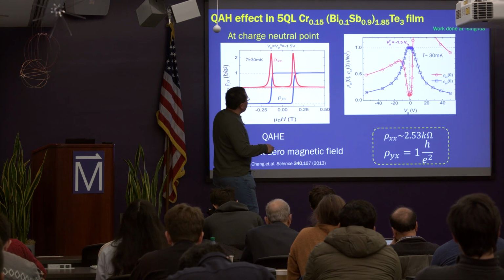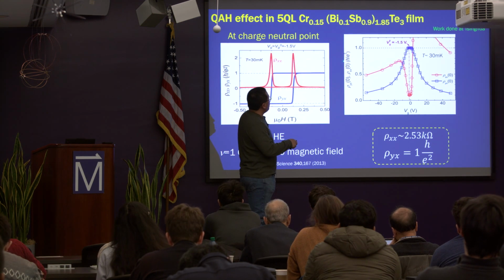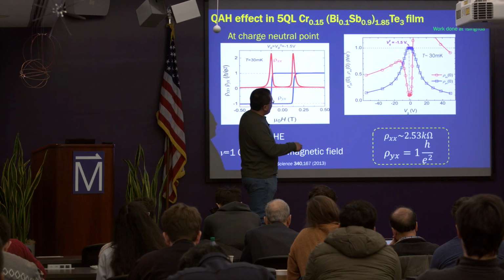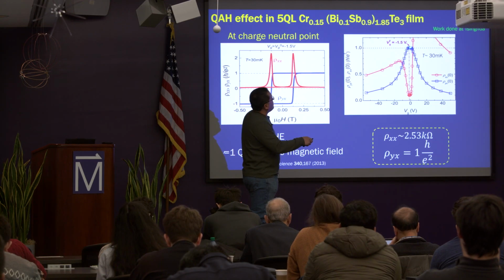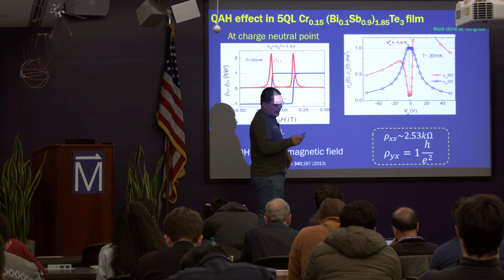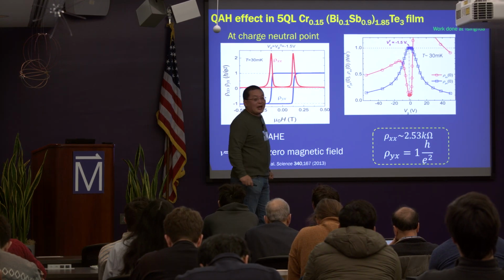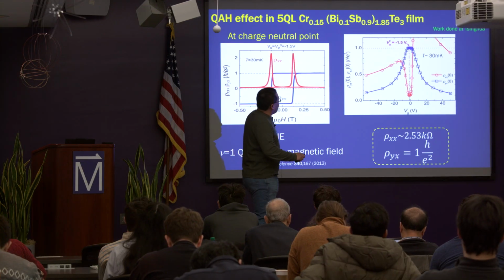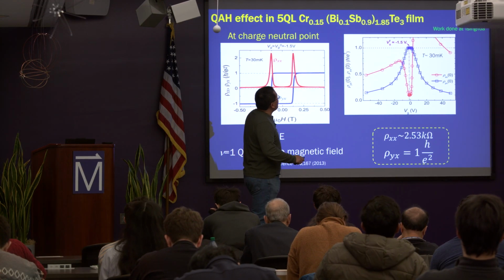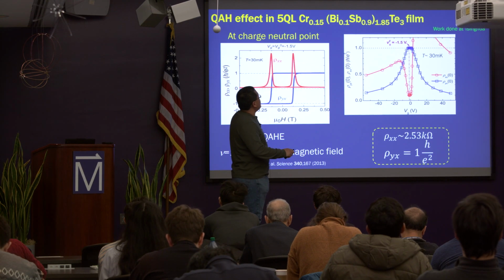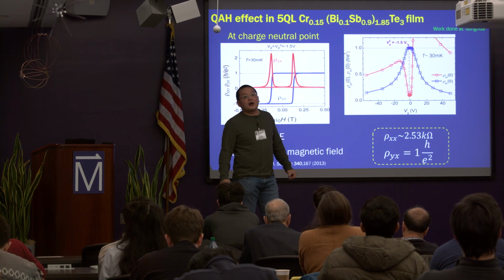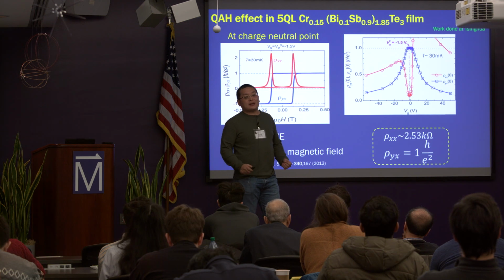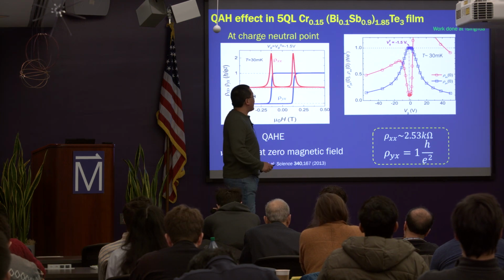If we plot the zero-field Hall resistance and the longitudinal resistance as a function of gate voltage, we can see that at the charge neutral point the Hall resistance exhibits a plateau and the longitudinal resistance approaches 0. This marks the first realization of the quantum Hall effect without the need of an external magnetic field.